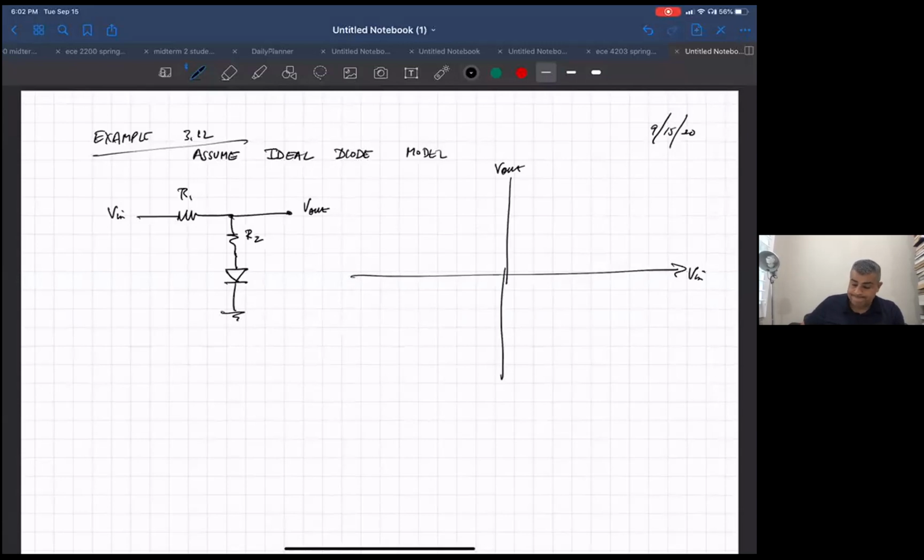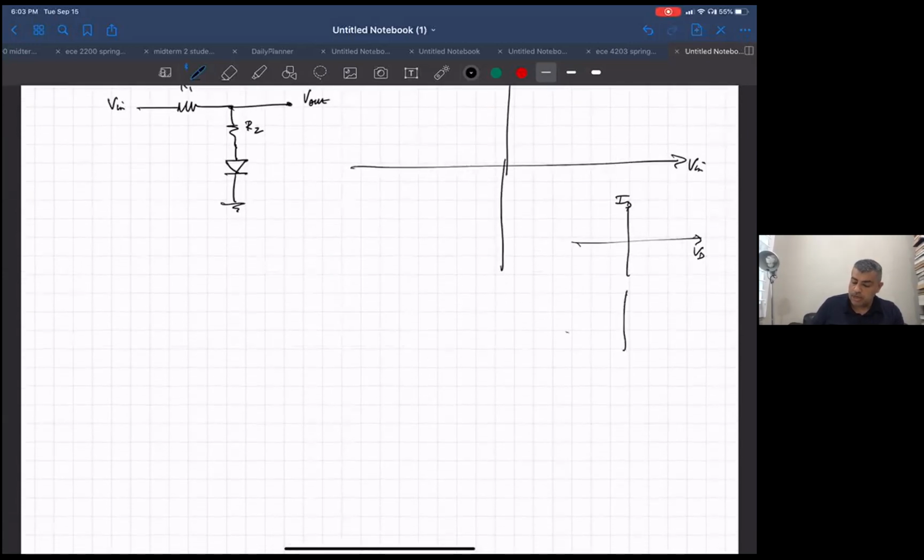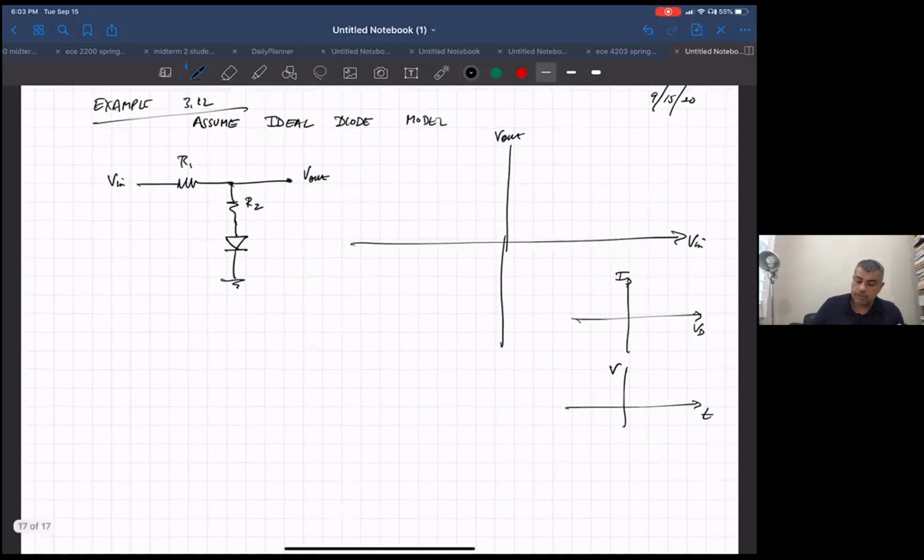One is always make sure you are answering the right question. Usually in this class, we'll really only have 3 types of graphs. One of them is V in versus V out. The other one is VD versus I sub D, or V and I. And then sometimes you have V or I, usually V, with respect to time. Okay, but anyway, for this problem, they just ask us to do V out over V in.